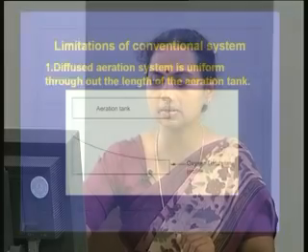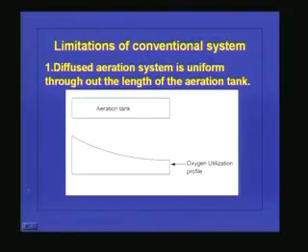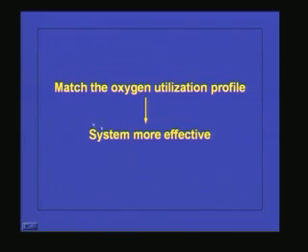If you take the oxygen utilization profile in an activated sludge process, it will look something like this. In the conventional system, here oxygen deficiency will be experienced, and here excess oxygen will be available. But if we can provide oxygen in this way, matching the oxygen utilization profile, then the system will be more efficient.